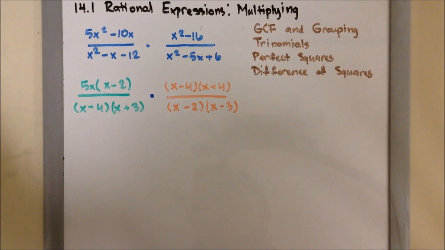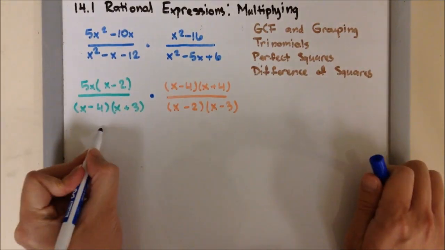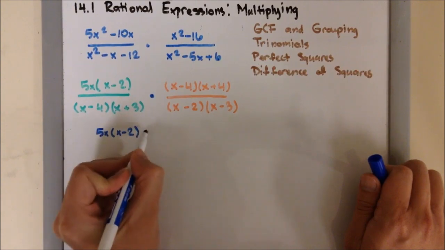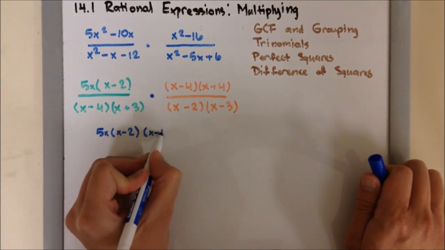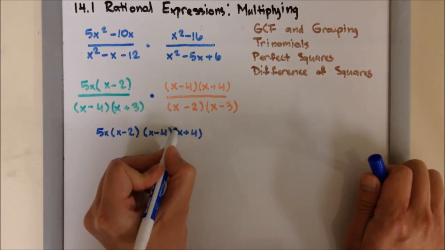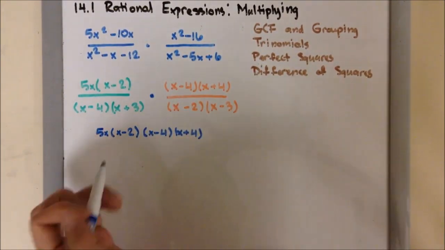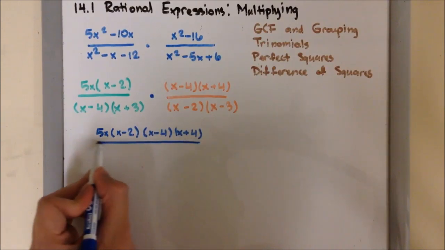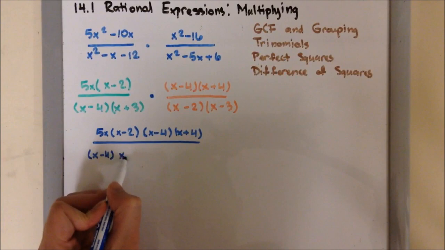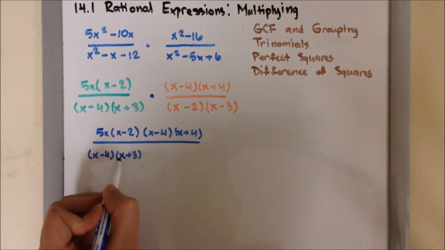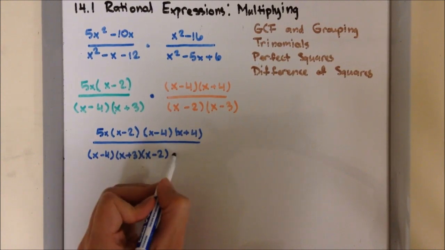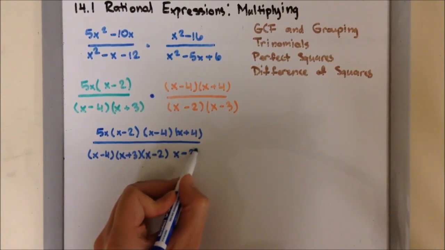So I could write it like this: 5x times x minus 2 times x minus 4 times x plus 4, over x minus 4, x plus 3, x minus 2, and then x minus 3.